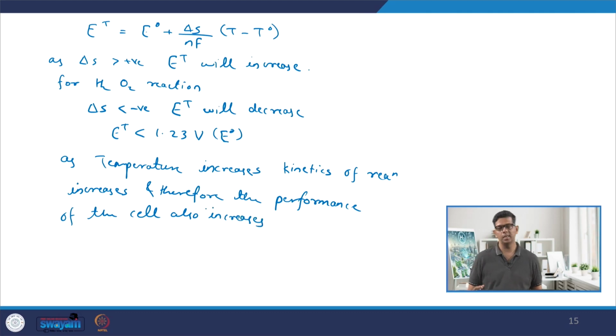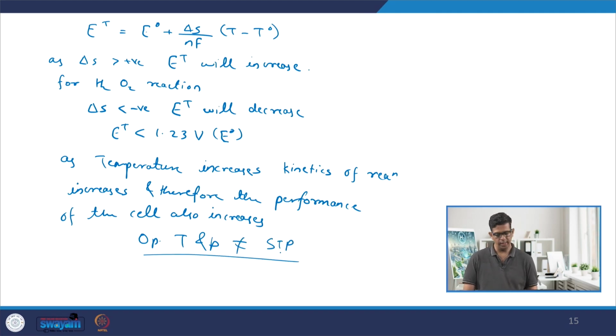So, this is one of the reasons why the cells are operated beyond STP. So, operating temperature and pressure are different than that of the STP. So, this is the reason for that.